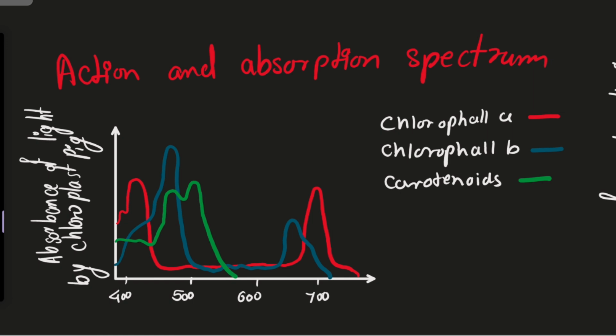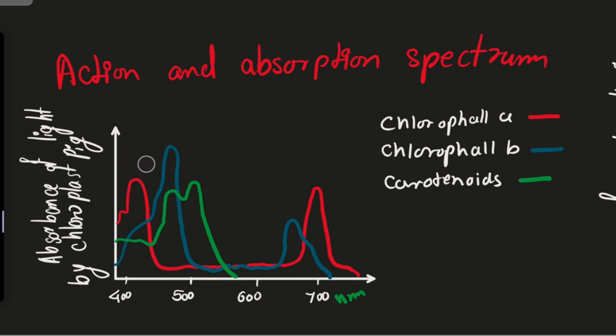Next is action spectrum and absorption spectrum. This is a graph showing the absorption spectrum of chlorophyll A, B, and carotenoids. So these are wavelengths in nanometers, nm.